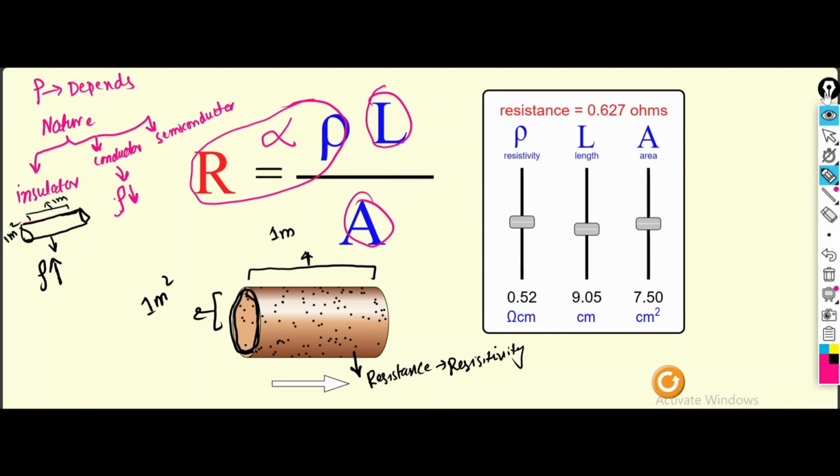If I change the resistivity here from 0 to 0.5 ohm centimeter, then this resistance will also increase, which is present here. So focus on this symbol and the magnitude and the zooming of this symbol, and also on this value and on this resistivity. So I am going to start the simulation.